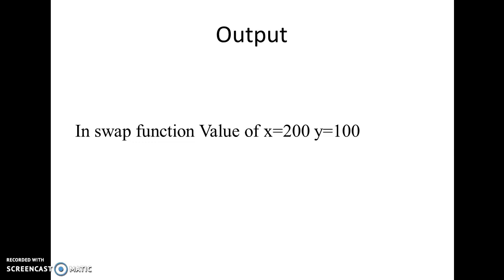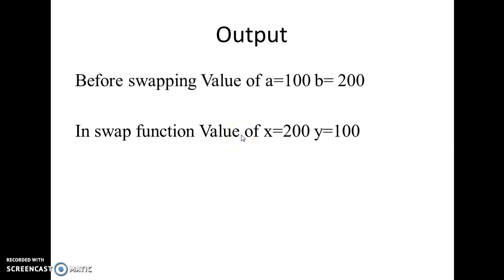The swapping takes place in the function as well as gets reflected in the main, because here the operation takes place on the addresses, not the variables. So we can say that in the swap function, the value of x is 200 and y is 100. Before swapping, it is 100 and 200.